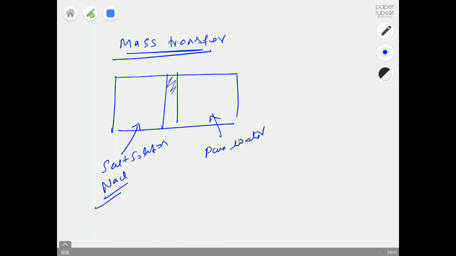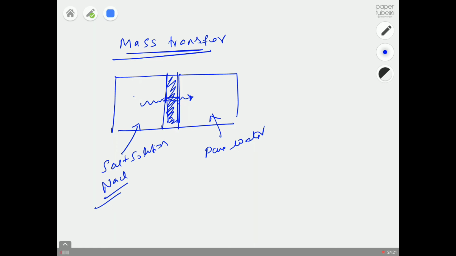Just assume you have something that separates these two compartments, with a small hole that allows you to transfer your molecule from the left compartment to the right compartment.